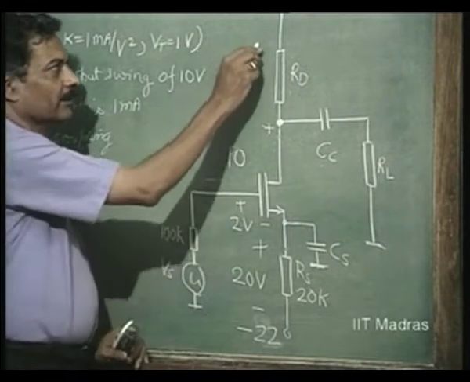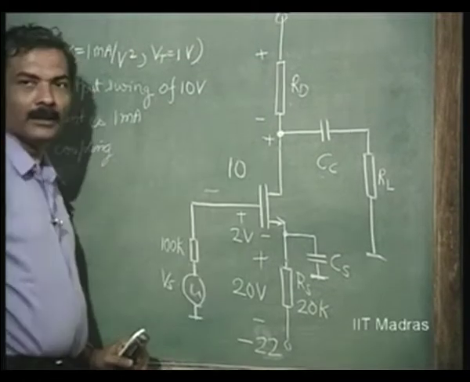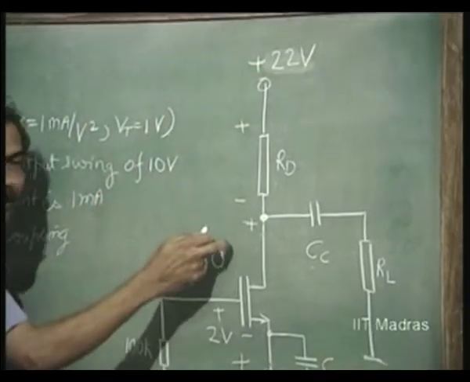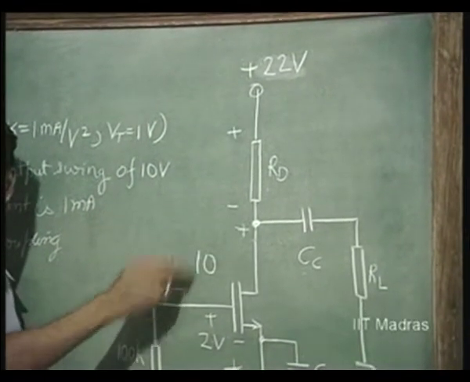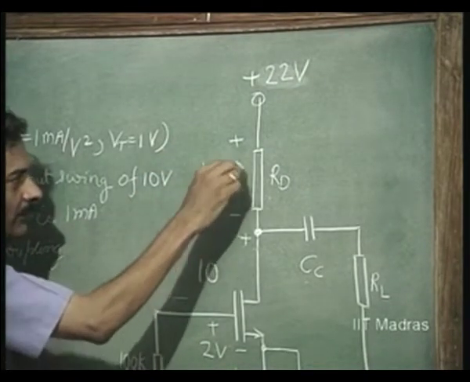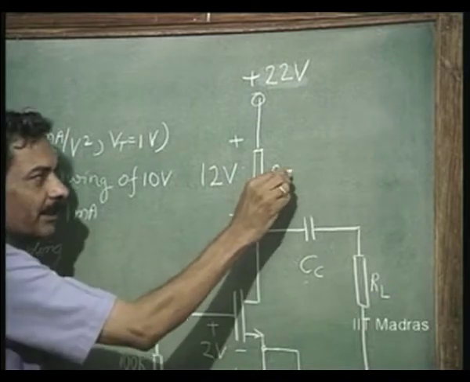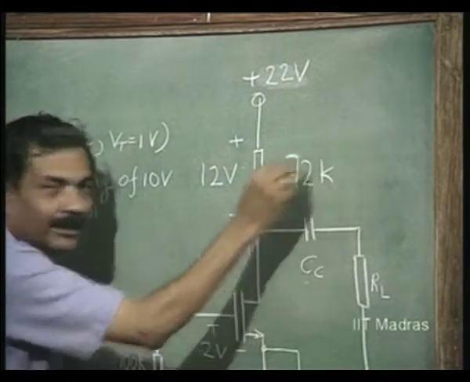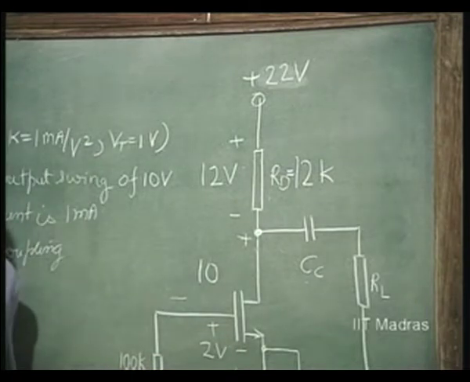Then this drop is going to be how much? 22 minus 10 volts, which is 12 volts. So, if this is 12 volts, RD is going to be equal to 12K because IDSQ is 1 milliampere.